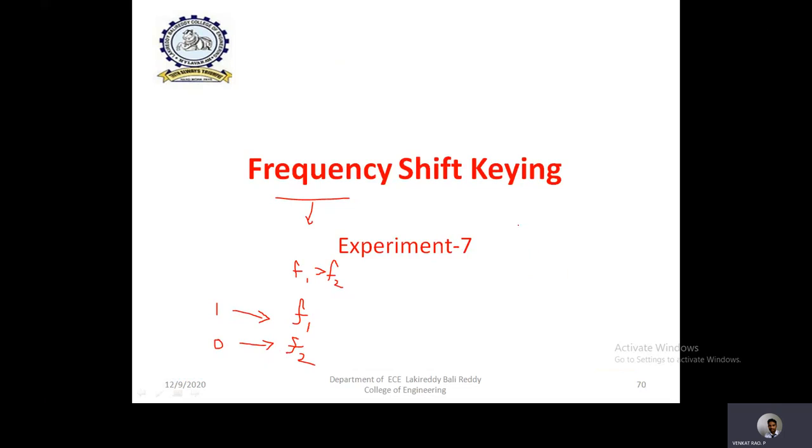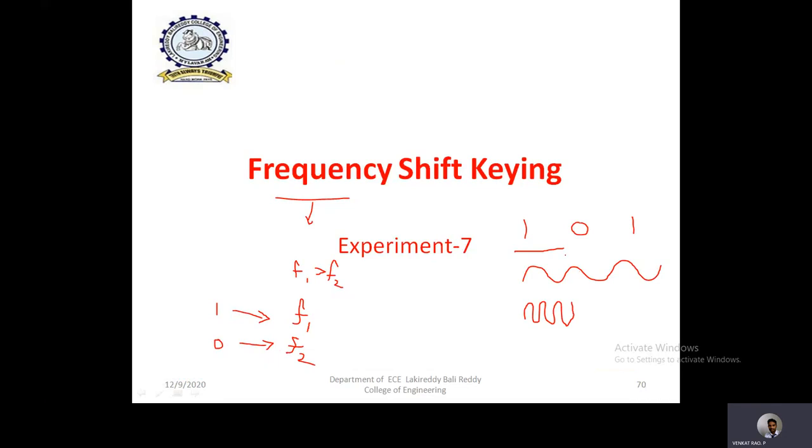Suppose this is the input data, ones and zeros like this, and this is the general carrier signal as a sine wave. If the input is binary 1, during this period it will produce this carrier with high frequency. High frequency means the number of cycles is high compared to the original carrier signal, like this.